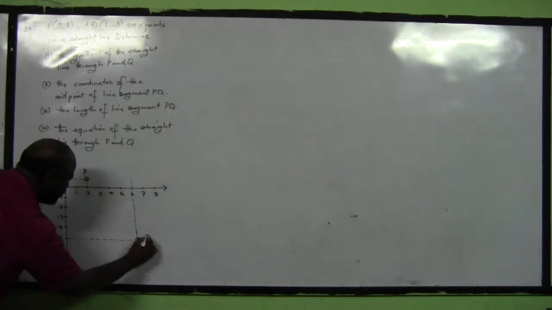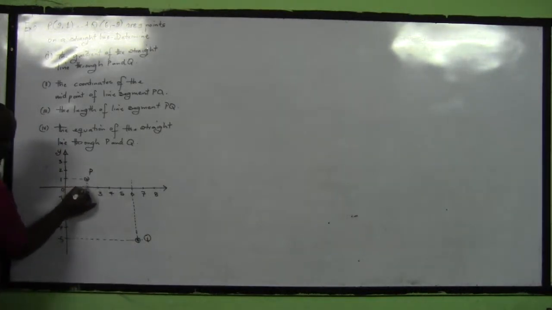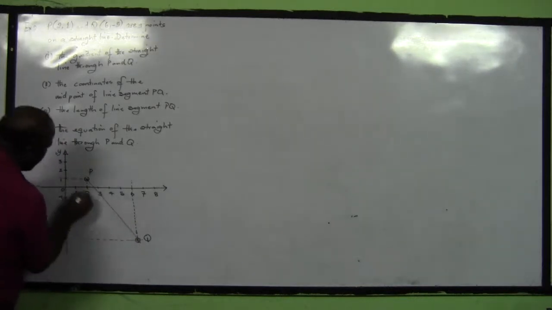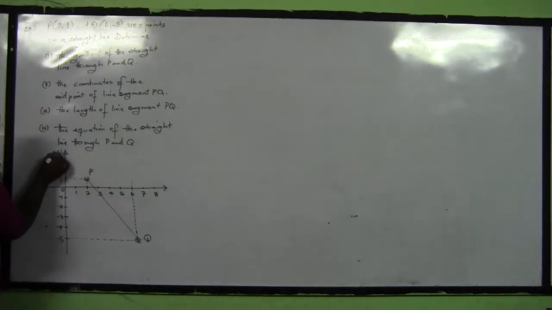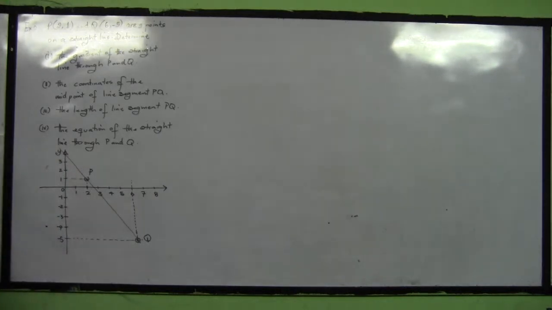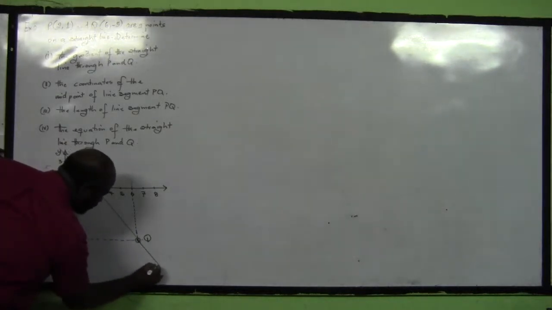This is Q, and this would be the straight line through P and Q. Alright, and that straight line is probably going to meet somewhere up here. Could be up here. Yeah, it looks like it could cut at 4. I'm not sure.